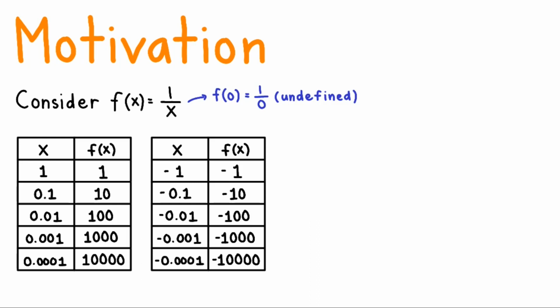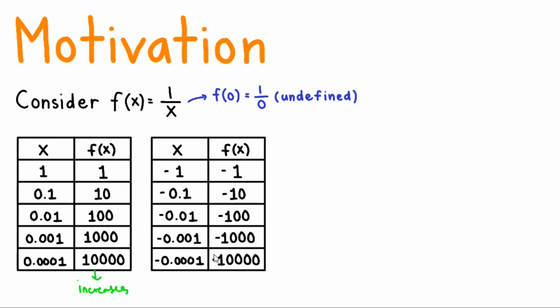So what can we observe? Observe that as x gets closer and closer to 0 from the right side, or from positive values, f of x constantly increases.